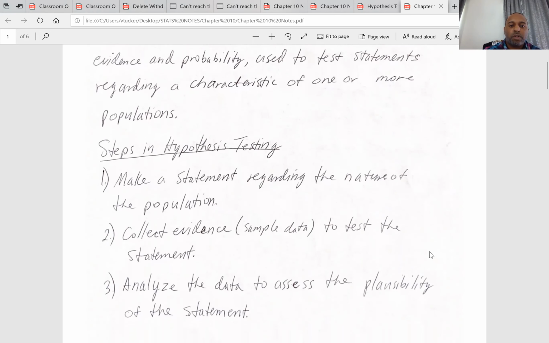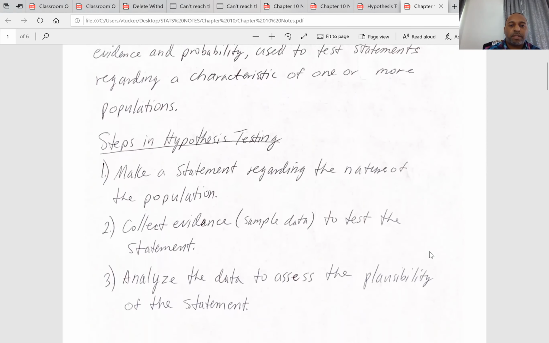All right. So steps in hypothesis testing. This is if you were to start from scratch.